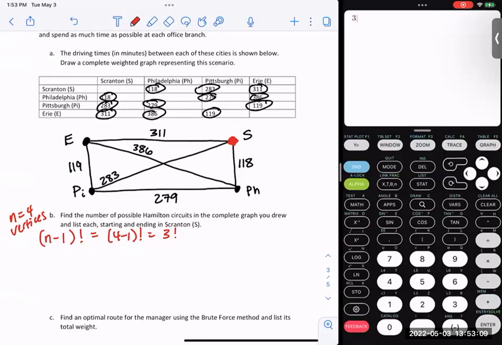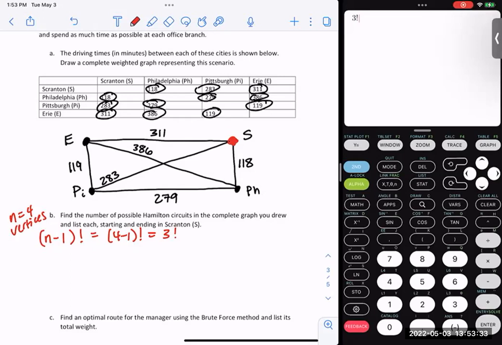I know I don't have that on this screen, but PRV stands for probability, and the third one over, if you arrow over to it, is factorial. On this one, I'm going to need to find it. See if I can find a factorial. There we go. It's the 4th one.